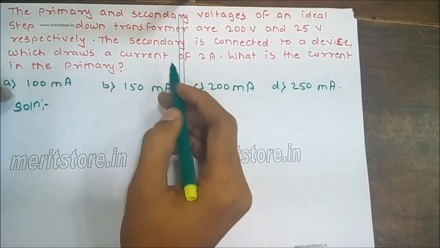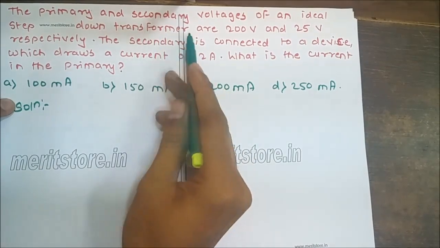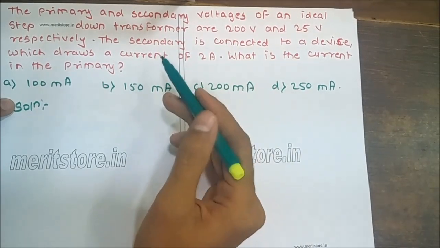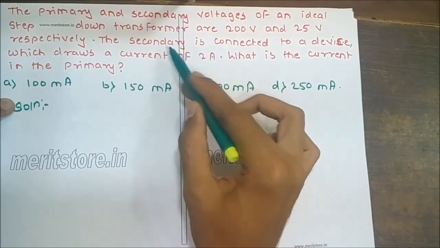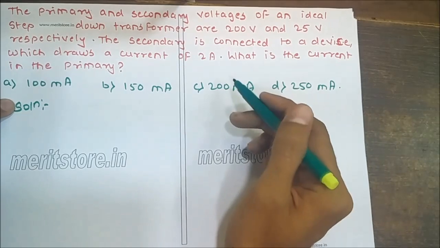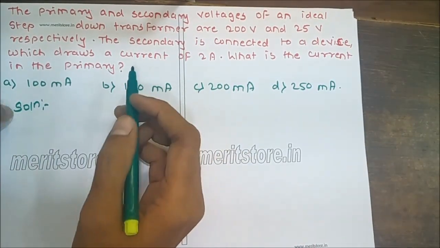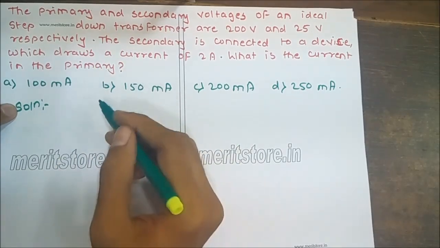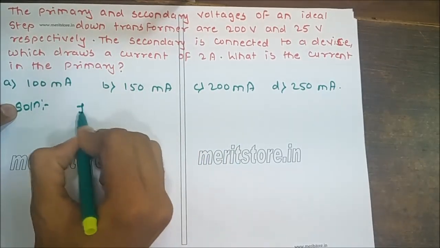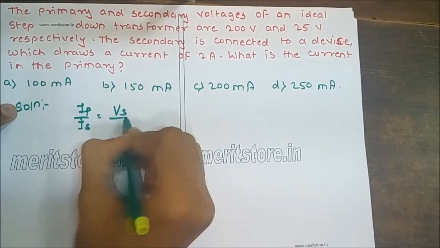So this is a step-down transformer having primary and secondary voltages of 200 volts and 25 volts, and the secondary is connected to a device which draws a current of 2 amperes. What is the current in the primary? So we have the current to voltage ratio in a transformer, that is Ip upon Is is equal to Vs upon Vp.